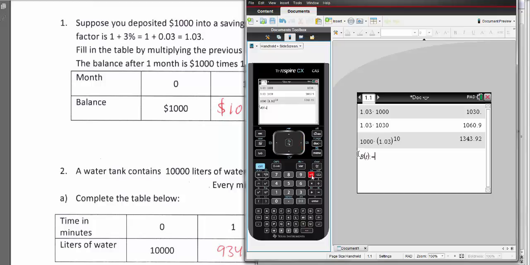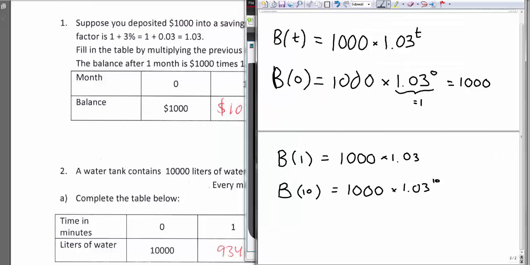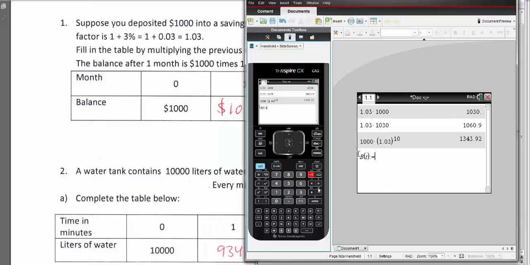However, when we work with a calculator, it's okay to have a name and a certain variable when we work out the algebra with a pen on paper. But in the calculator, if we want to draw a graph, it's a good idea to name them like the calculator prefers. So f1 of x, so the variable is going to be x and the name is going to be f1. It's the same function.